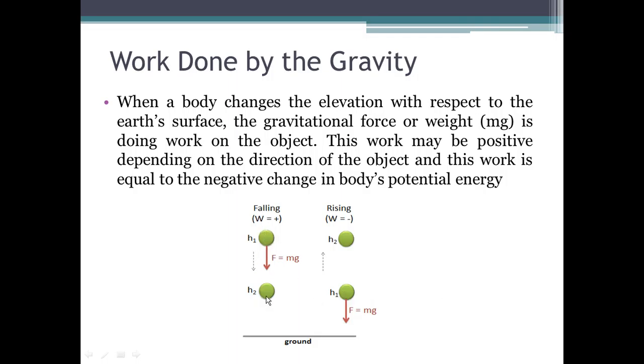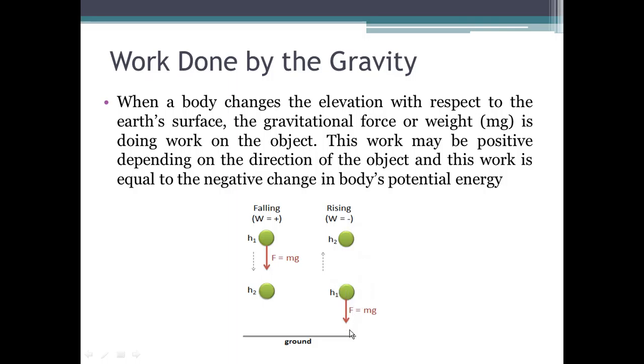Now, in the opposite sense, when the object is thrown upward, meaning that the object moves upward, the object started at a lower elevation, ending up at a higher elevation. Going to a higher elevation means that the object increases in potential energy. When the object increases in potential energy, the associated work done is actually negative. Why is the work negative? Notice that the force of gravity is always downward, but when you throw an object upward, the distance is going upward.